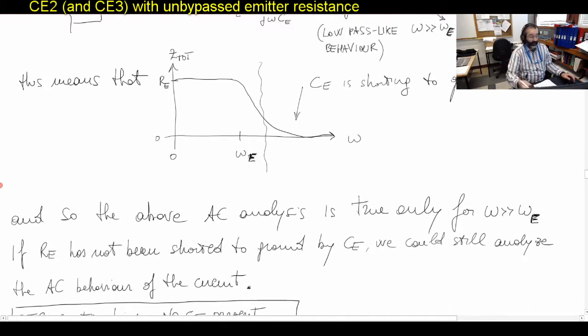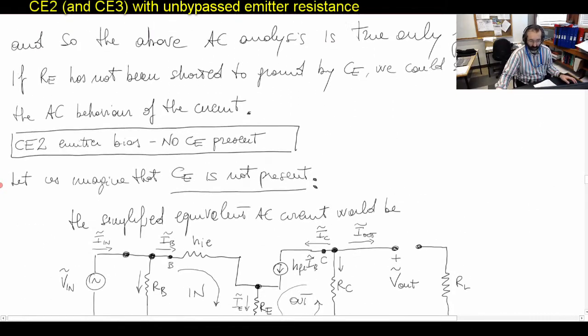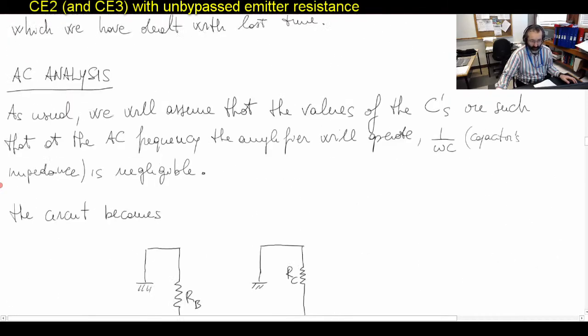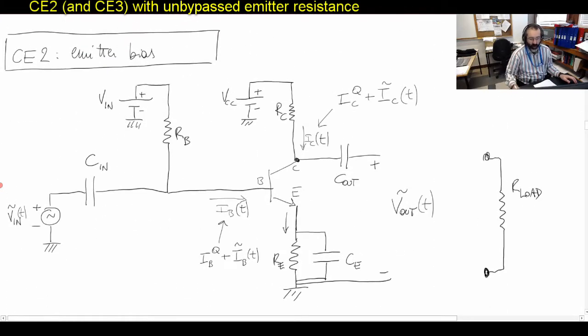So this realization is a fantastic opportunity to ask ourselves, what happens if CE is not there? What happens to the AC analysis of this circuit? Imagine this circuit, the emitter bias configuration, where there was no CE.